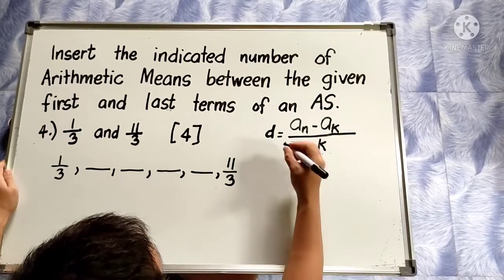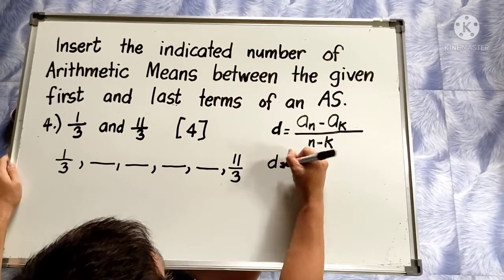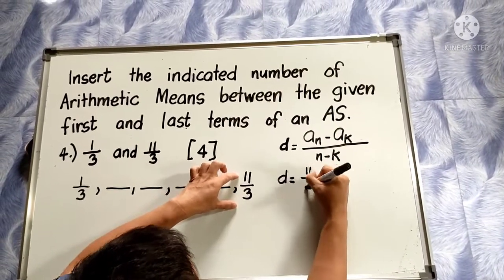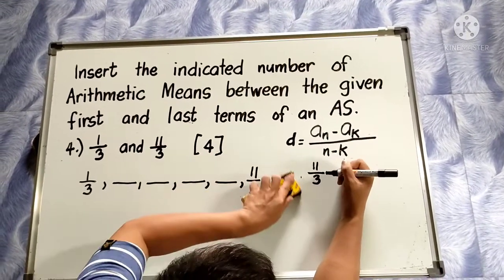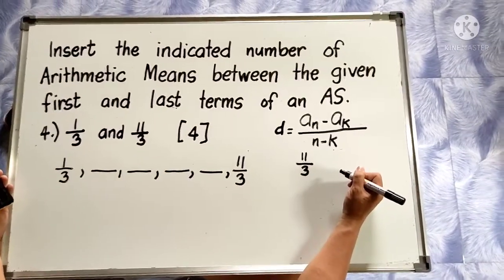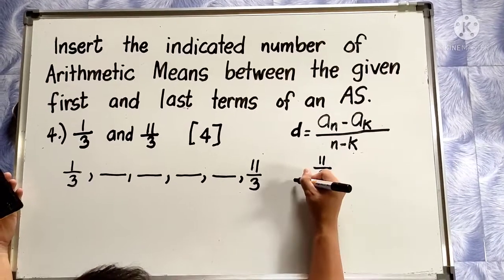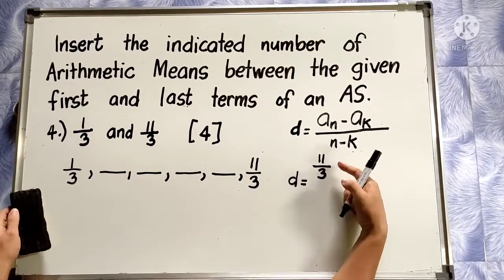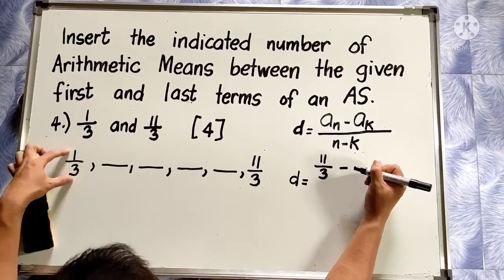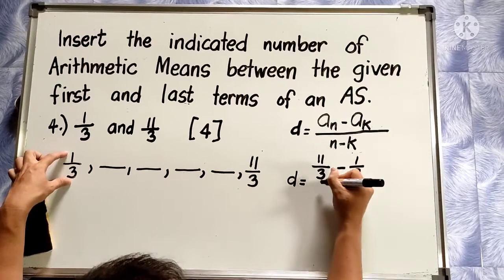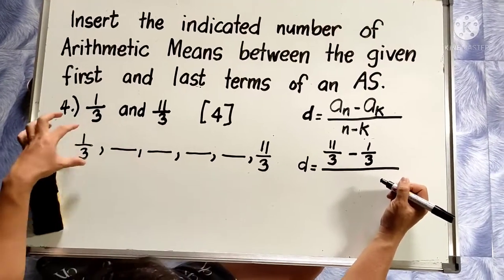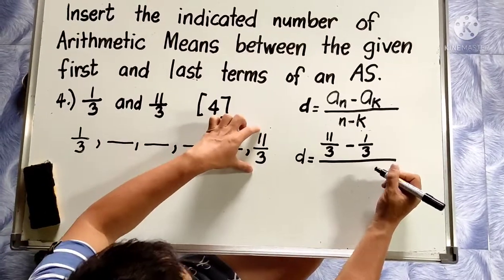Now let us solve for the common difference D, which is equal to the last term, 11/3, minus our first term, which is 1/3, over, 1, 2, 3, 4, 5, 6, 11/3 is the 6th term.